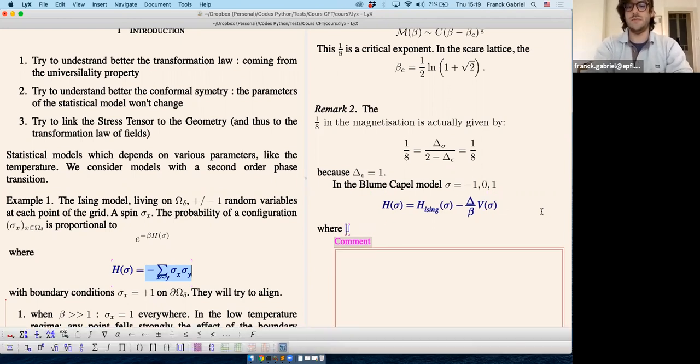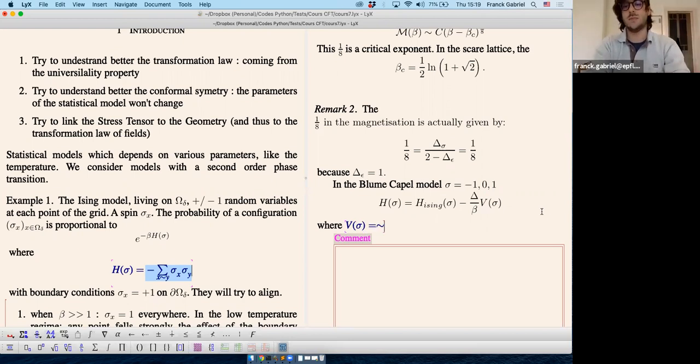Where V of sigma is something which tells you, do I have a spin or not? Okay, 0 means that you don't have any spin actually, and -1 and 1, you have to imagine it's really the Ising model, but sometimes you allow the spin not to be here.